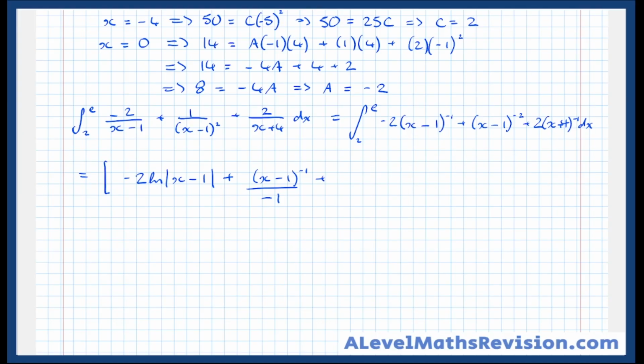Then we've got plus 2 natural log of x plus 4, between e and 2. Let's try and keep the answers exact. Equals, and let's now substitute in the limits, so minus 2 log mod of e minus 1, plus, or that's over minus 1, so we'll turn that into a minus, (e minus 1) to the minus 1, plus 2 log mod of e plus 4.